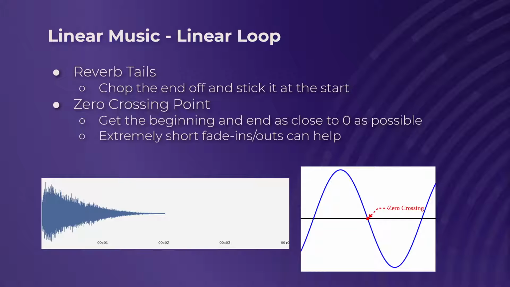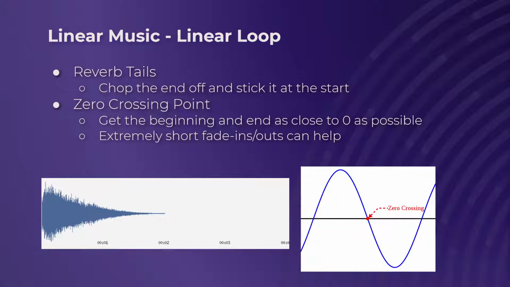A couple ways to do that, or one way to do it: extremely short fade ins and fade outs is pretty much the best way. It doesn't need to be extremely short as in a second. I'm talking a tenth of a second is pretty long. Literally only 20-30 samples, just do a fade in and fade out.